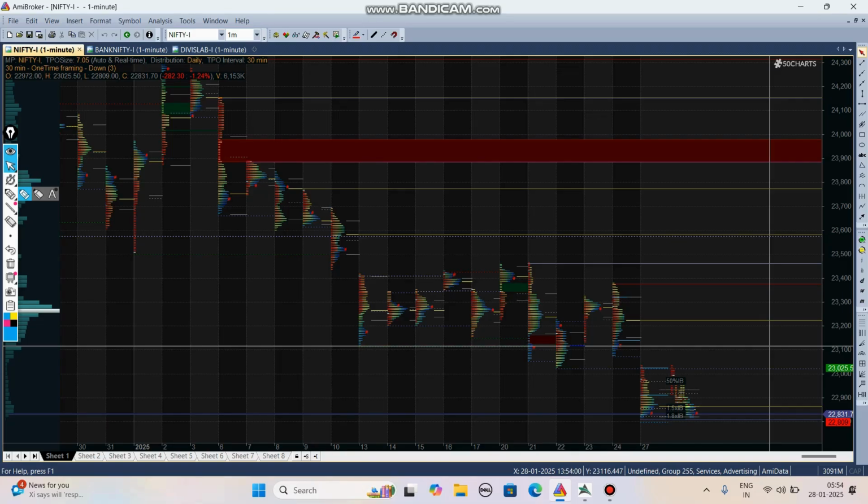If you enter in the correct location, your trade will succeed. They also will not follow the confirmation of the trade, whether we can take entry or exit. Intraday players have to follow the confirmation whether they can enter the trade today or avoid the trade. After confirmation they have to enter. So these are the steps market profile traders will not follow.